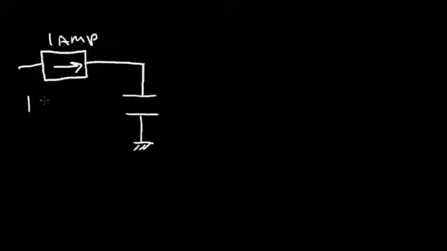Let's say that I have a current flowing into this capacitor, and let's presume I have a 1 amp, which is a coulomb per second. So we have 1 coulomb of charge every second flowing into this capacitor. A coulomb of charge, let's say, corresponds to $1,000 in my savings account.